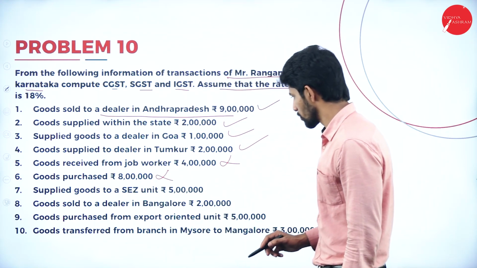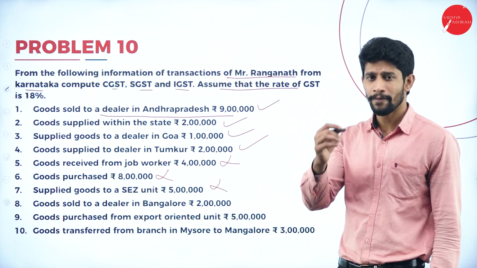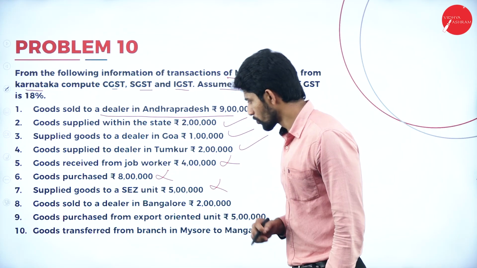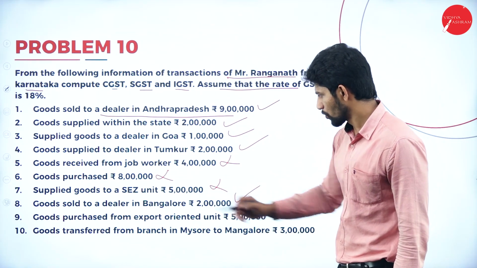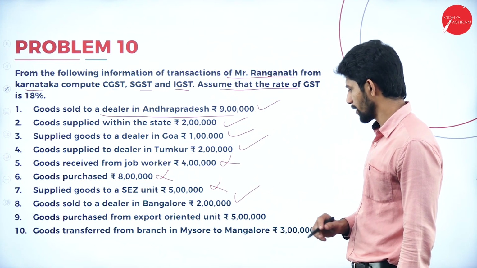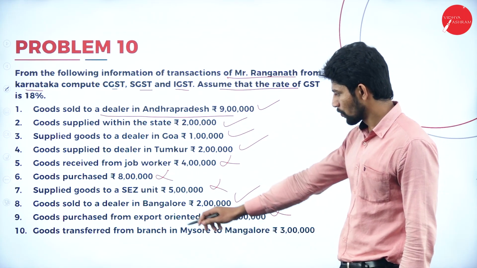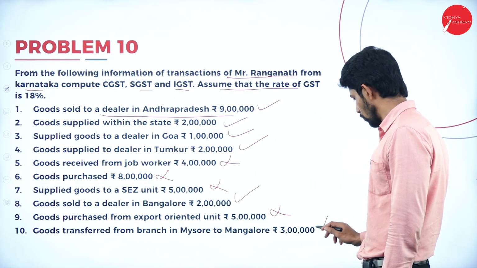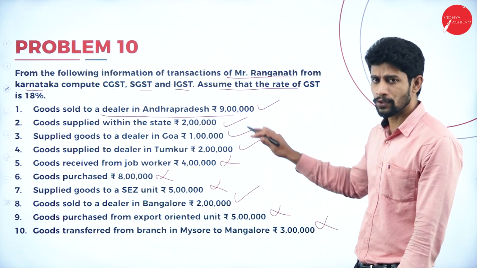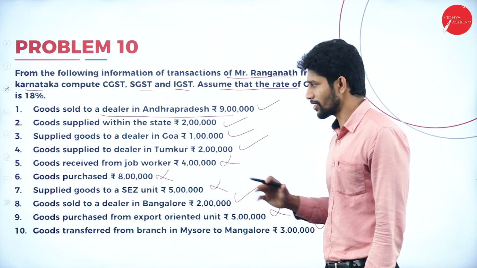Next, supplied goods to SEZ unit, no tax on it because we are supplying to a special economic zone. Goods sold to a dealer in Bangalore, yes, tax is applicable. Next, goods purchased from export oriented unit, so no tax is applicable because it's a purchase. Goods transferred from Mysuru branch to Mangalore branch, so no tax is applicable. So on a few transactions GST is applicable, on a few it is not applicable.